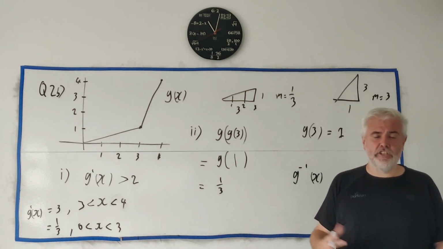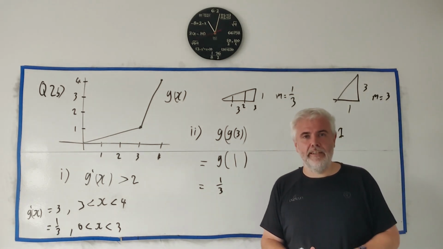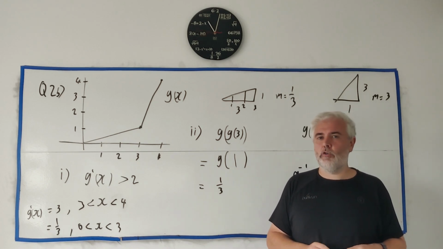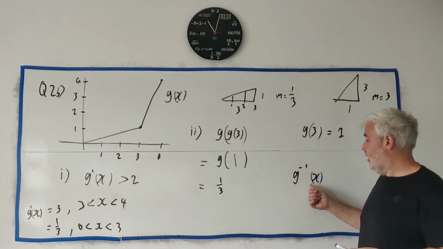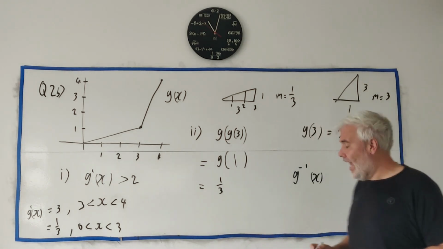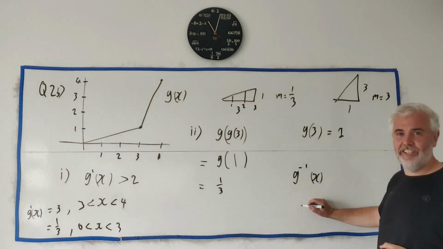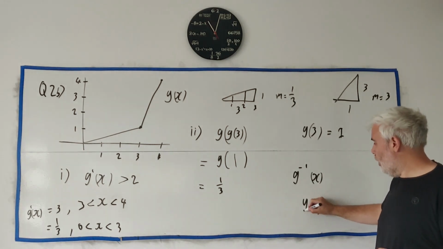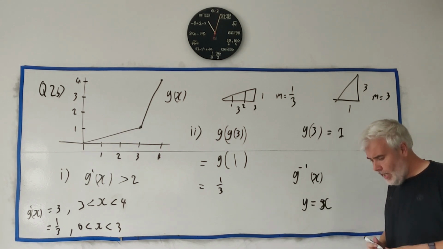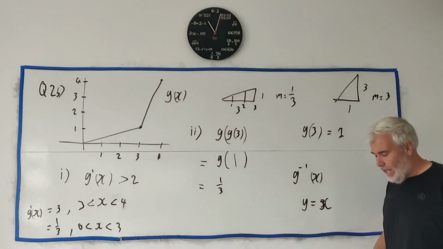The hint really gives you the whole answer if you understand the hint, which I understand a lot of you won't. The hint is the graph of the inverse is the image of the graph under axial symmetry of the line y is equal to x. Now, what does that mean?